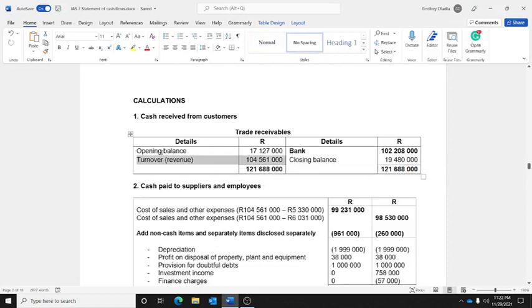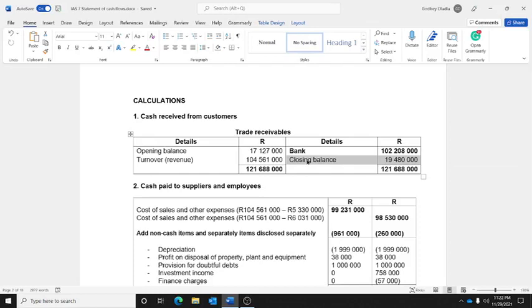Here is the turnover. Now, what we need to do is to get the opening balance of trade receivables and the closing balance of trade receivables. These amounts must always be gross, meaning they must never include provisions, because remember, how do you deal with trade receivables?